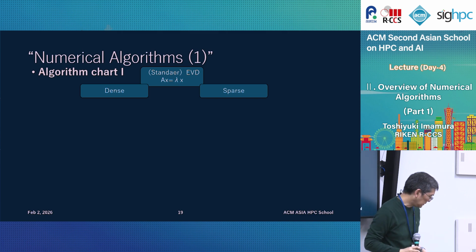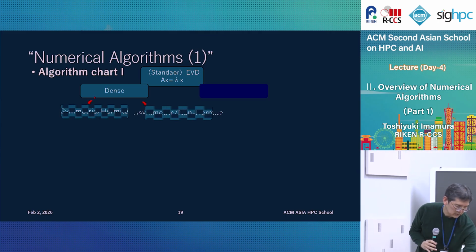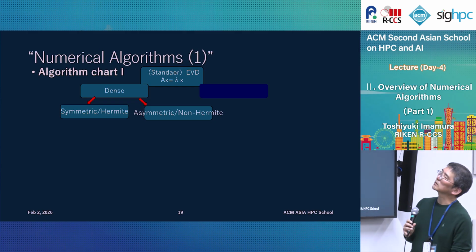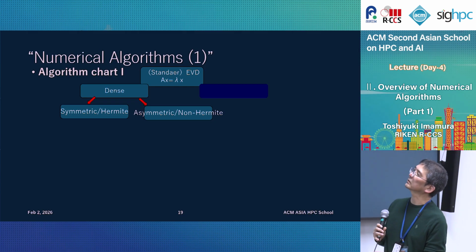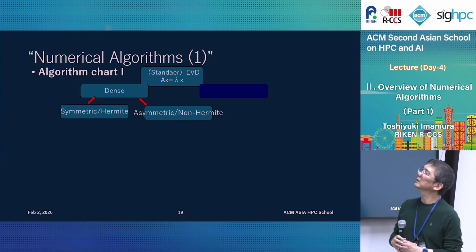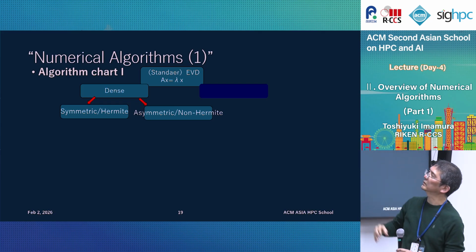Okay, so now we only focus on the dense case. This time, we try to deal with the symmetric or Hermitian case, but there are other cases, asymmetric or non-Hermitian.